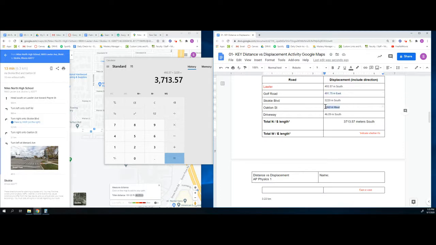Okay, so now I have some going west and some going east. So I am going to say, okay, well, overall, most of it's going west just by looking at these numbers. So I'm going to, instead of calling this west, I'm going to call this a positive number.